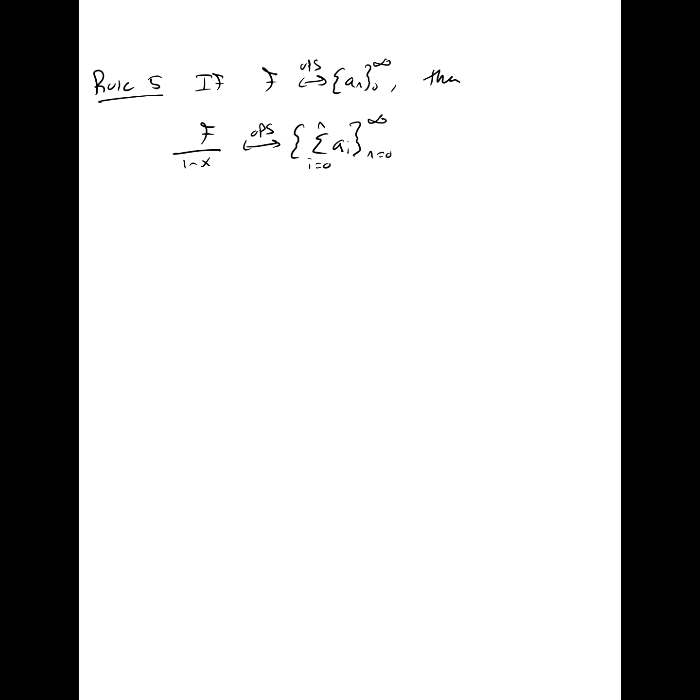And to prove this, we actually need to understand what it means to multiply two generating functions together. Well, we're not going to explicitly prove this, but we're going to at least make sense of it through this example. Notice that if we take f and we multiply it by 1 over 1 minus x, which is exactly what I'm doing on the left-hand side right here in the rule, well, that's the same as multiplying these two generating functions together.